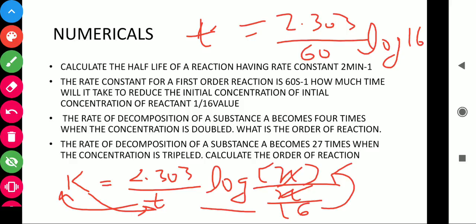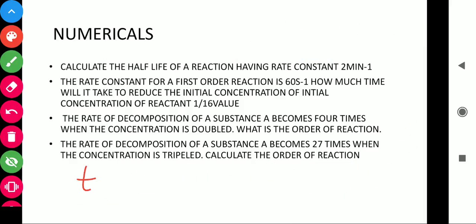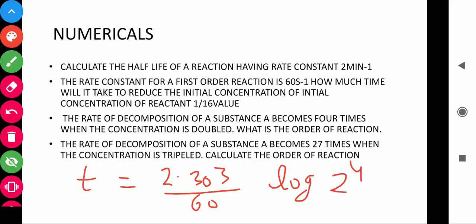Log 16 is equal to log 2 to the power 4, and it becomes T is equal to 2.303 by 60 log 2 to the power 4. This 4 comes here. And what is the value of log 2? 0.3010.